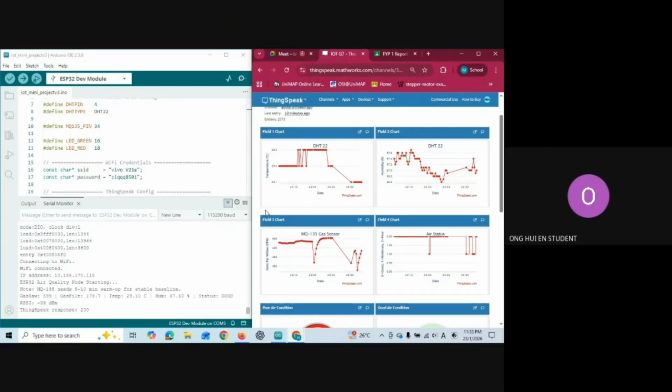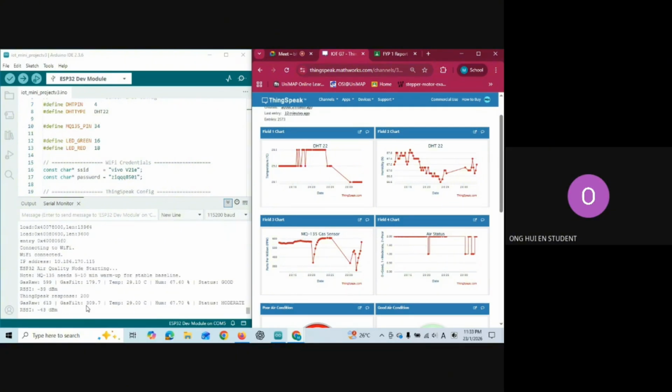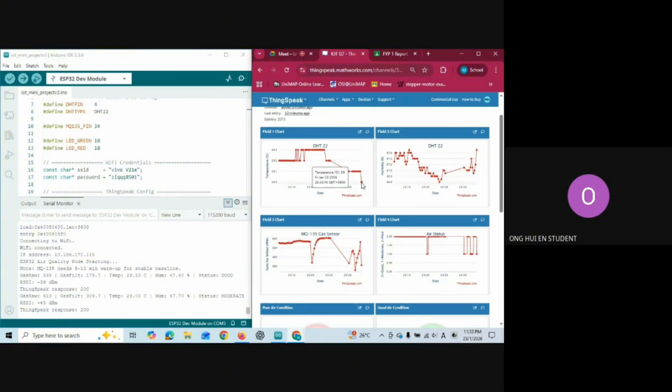Now I will present the example for the latency behavior when the microcontroller sends the data to ThingSpeak. When the data updates in the Arduino at 11:33, ThingSpeak will also update the latest data after 15 seconds.